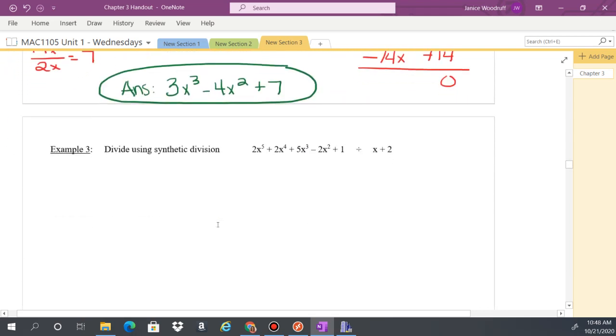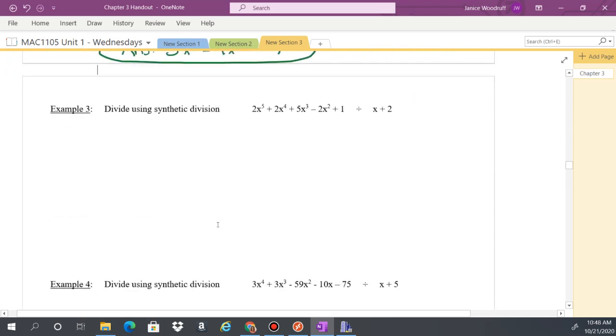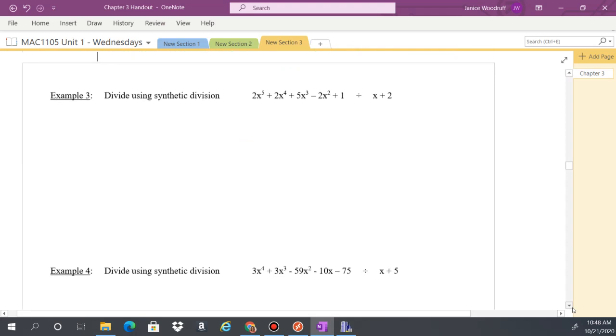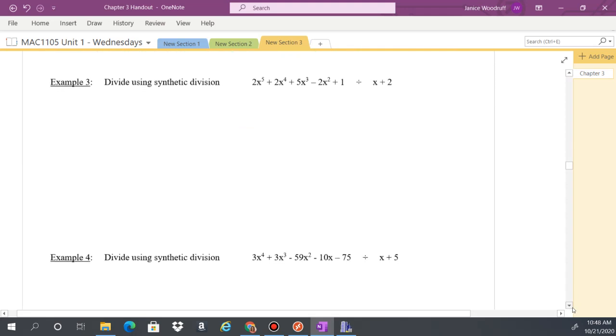Okay. So synthetic division, the first step is the same as the first step for long division. Make sure you have descending order here. So I've got a 2x to the 5, so 4, 3, 2. I'm missing an x.